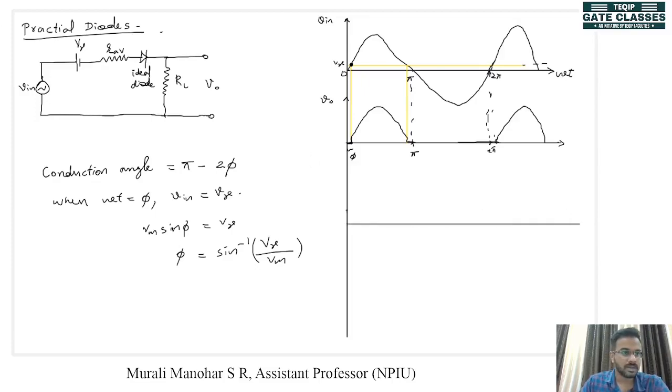And next thing is the value of IL, that is the current flowing through load resistance RL. First we will draw the waveform for this. So the waveform will look exactly like V out.